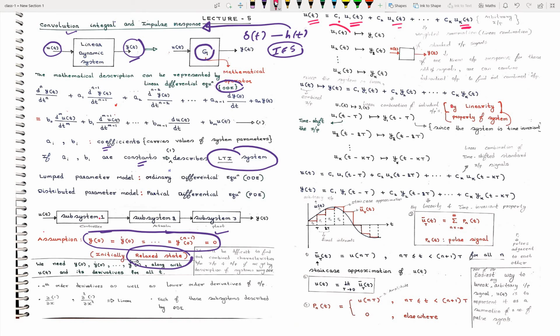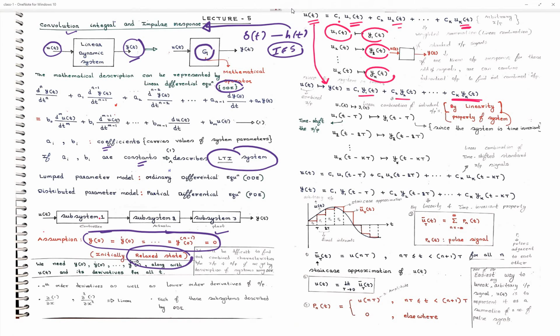For these standard input signals, if you know the outputs y1(t), y2(t), and so on up to yk(t), then the arbitrary input response y(t) is represented as c1 y1(t), c2 y2(t), and so on up to ck yk(t). Okay, this is the main advantage of representing an arbitrary input in terms of standard input signals.